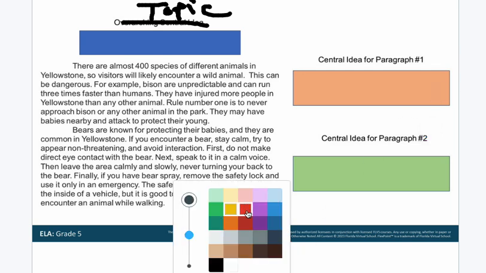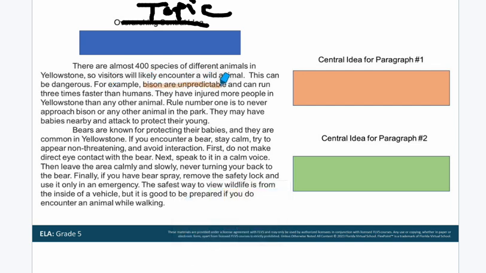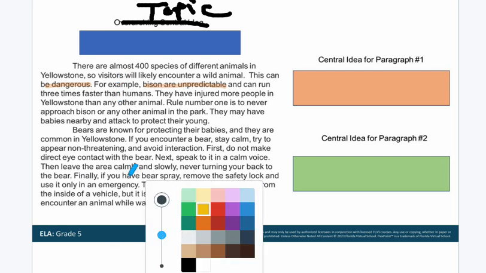So I know for this first paragraph, if I'm looking for the main idea, this is telling me that bison are unpredictable. And I also know that they can be dangerous. Did they give me pieces of evidence that support that they can be unpredictable and dangerous?